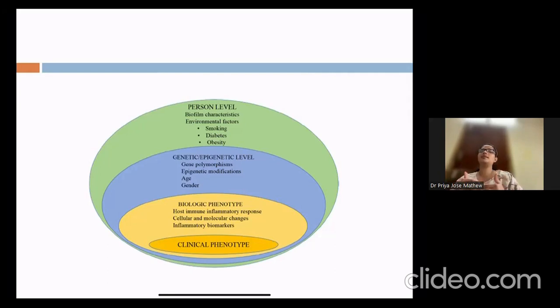All these three factors finally express the clinical phenotype presentation of the disease. So mainly there are four levels: the personal level, genetic level, biologic phenotype level, and the clinical presentation. This shows how the clinical presentation of disease differs in each and every individual. This is the model by Offenbacher.